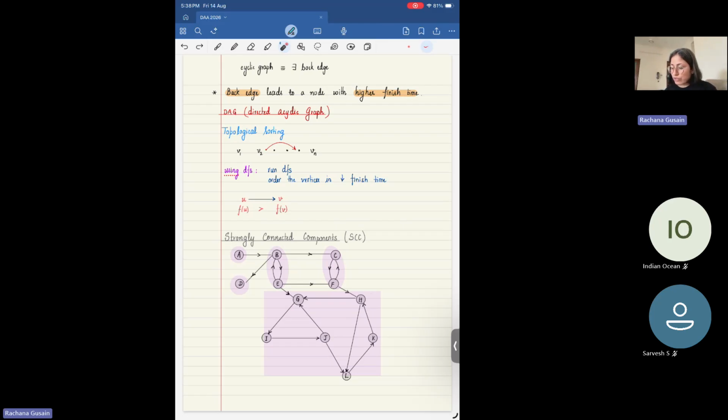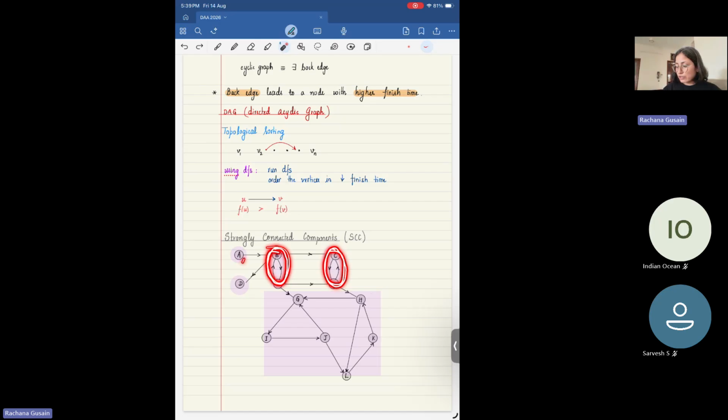Let's make some observations about strongly connected components. The first observation is as follows. Think of each strongly connected component as a vertex. Let's say I take two strongly connected components in my graph, this one and this one.